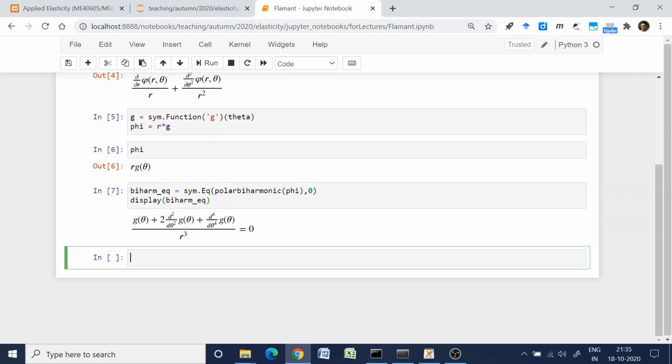So now our immediate job will be to solve for this g theta. That's exactly what we are going to do. So let's try to solve this. This is a simple differential equation, and we use the dsolve command to solve this.